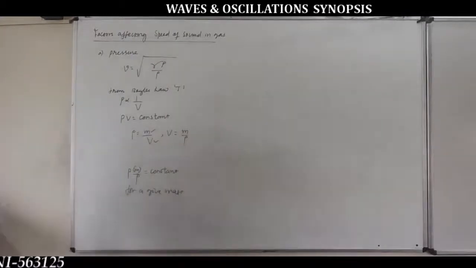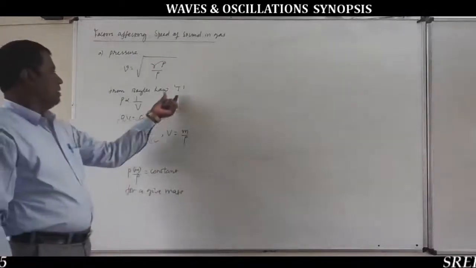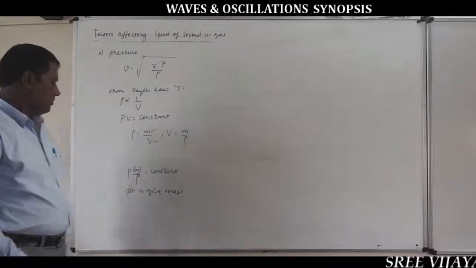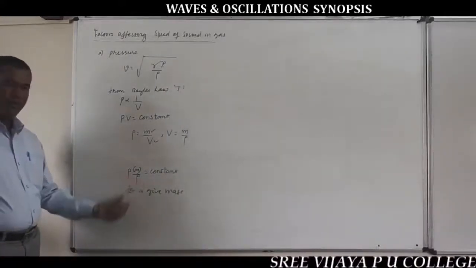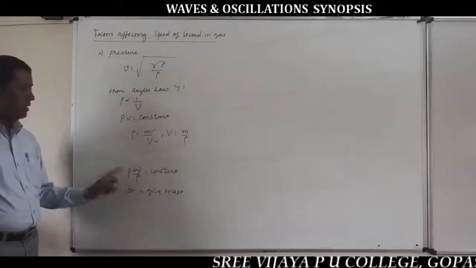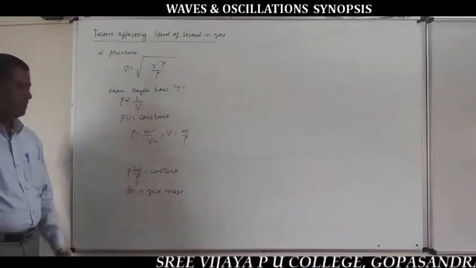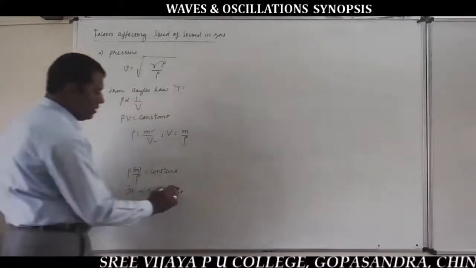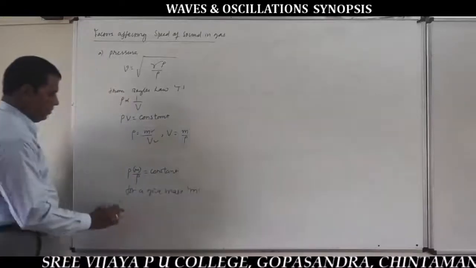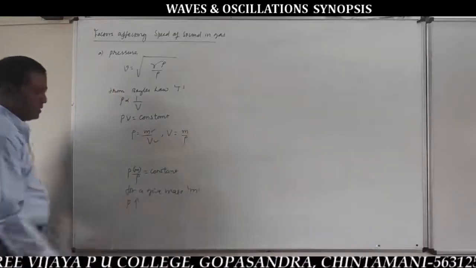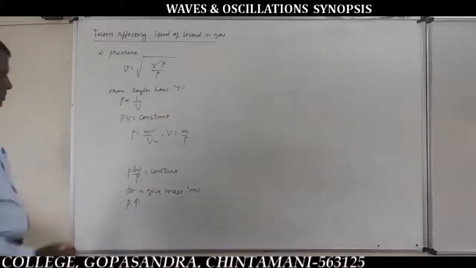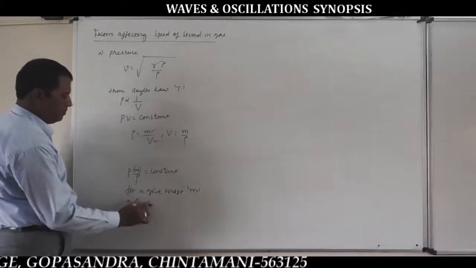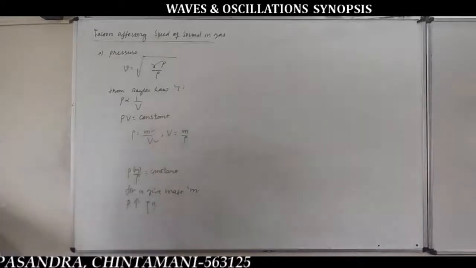For a given mass at constant temperature, as pressure increases, proportionately density also increases. So for a given mass M, as pressure increases, density also increases.